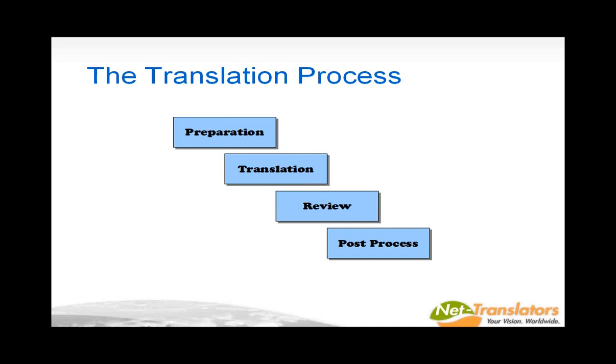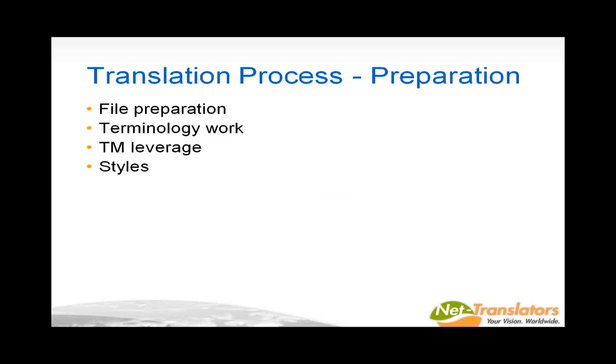of this undertaking. Essentially, the translation process can be broken down into 4 stages: preparation, translation, review, and post-process. The preparation includes activities such as file preparation. This means essentially deconstructing a file to strip it of the non-translation related elements.